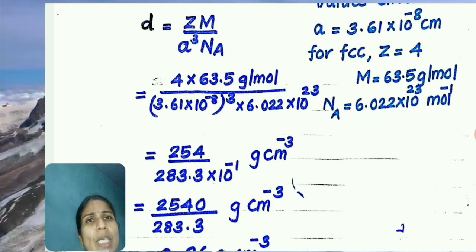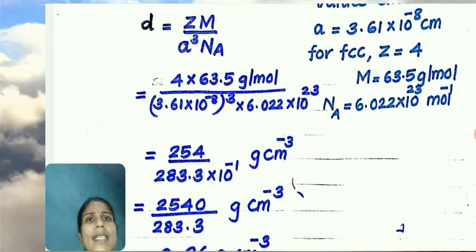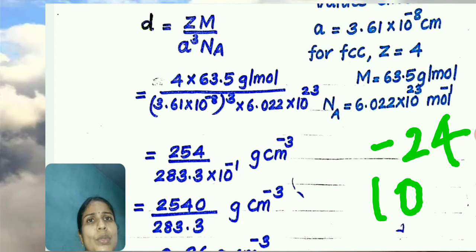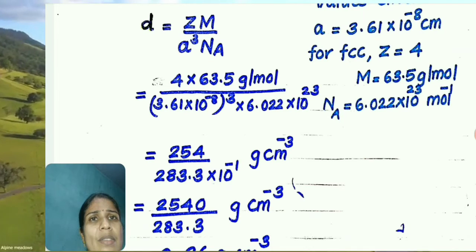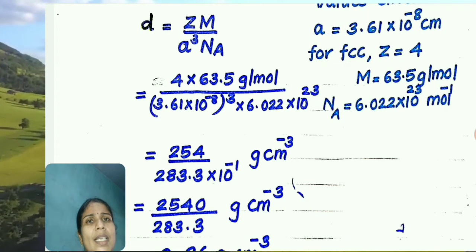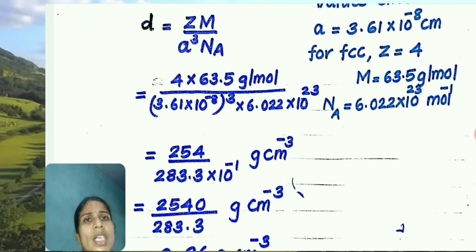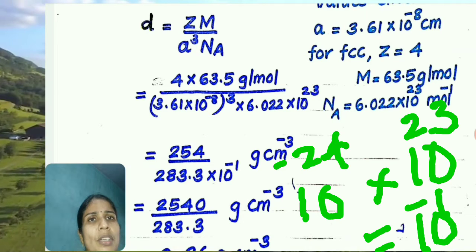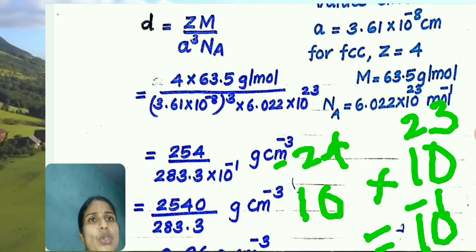Then 10 raised to minus 8 the whole cube: A raised to m, the whole raised to n, is A raised to m into n. That means 10 raised to minus 8 the whole raised to 3 is 10 raised to minus 8 into 3, which is equal to 10 raised to minus 24. Then this value into 6.022 into 10 raised to 23. Here exponential terms are 10 raised to minus 24 and 10 raised to 23.